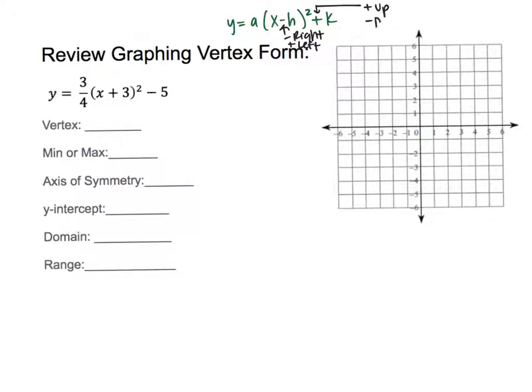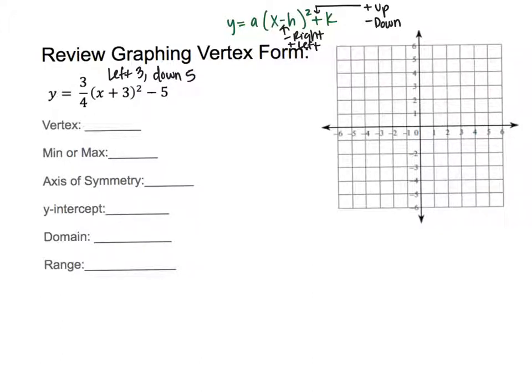If you have a negative, that means it's going down. So in this case, a plus 3 is going to mean left 3, and then a minus 5 on the outside is going to mean down 5.